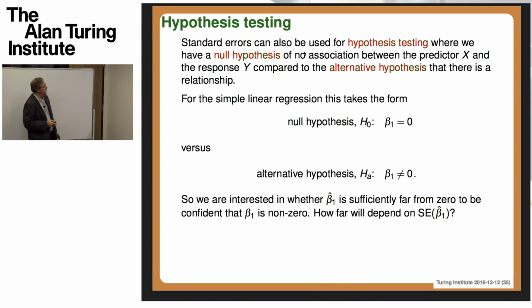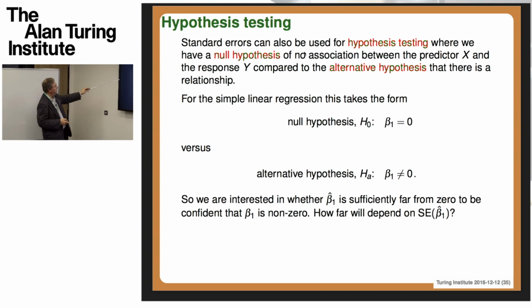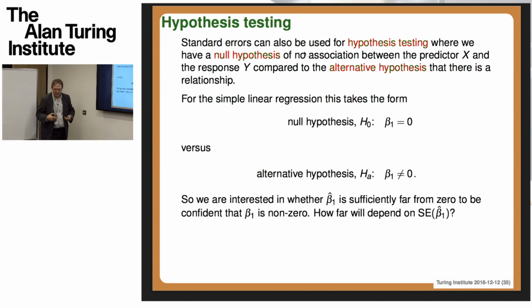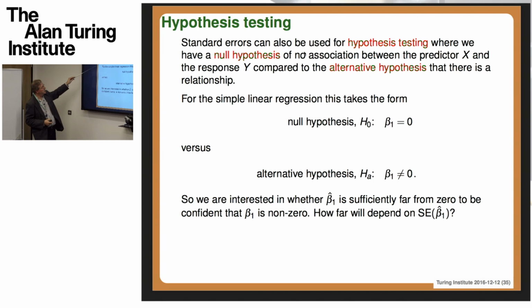The betas and the standard errors are used in hypothesis testing in the following way. Having fitted a model, how do we judge whether there is some appropriate association between the predictor and the response variable? Well, we could set up this kind of hypothesis as follows.